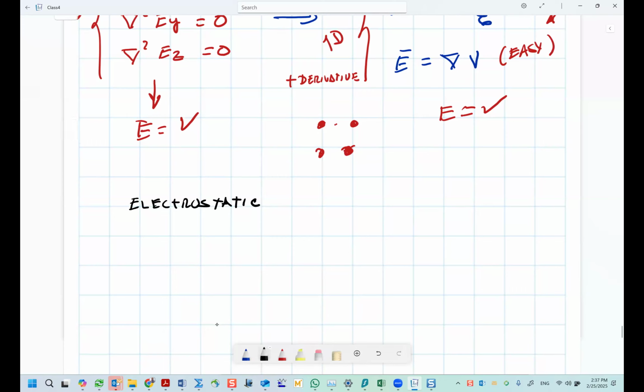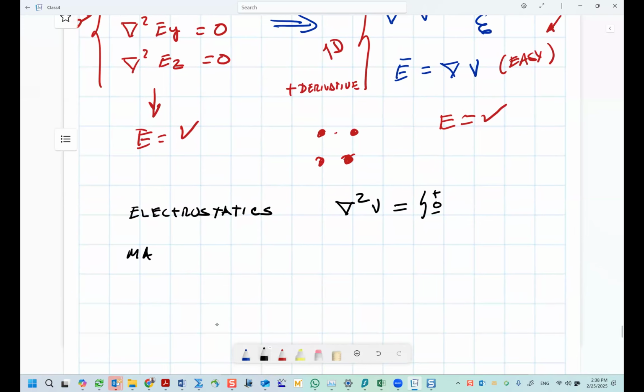Electrostatics is what we have done, and you will have the Laplacian of B equal to something. It could be equal to 0, a positive number, or a negative number. It will be equal to this, to this, to this. And that's what you do in electrostatics. Magnetostatics is another thing that we're going to see in a moment.